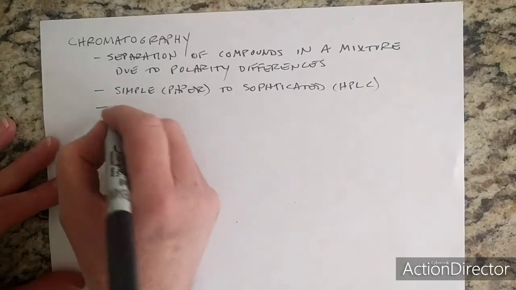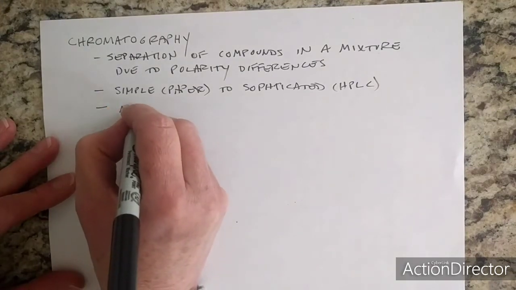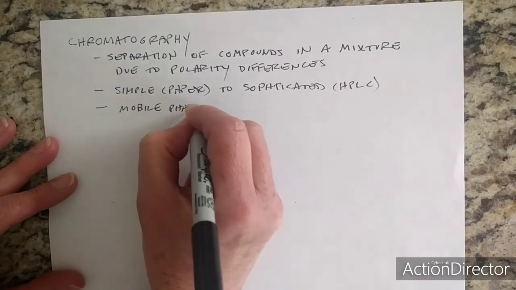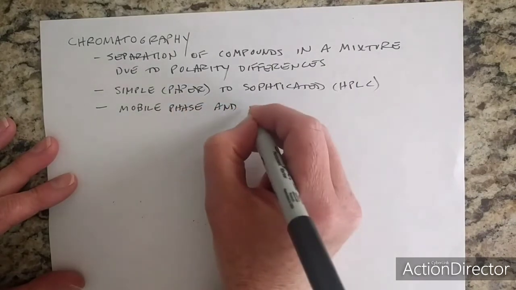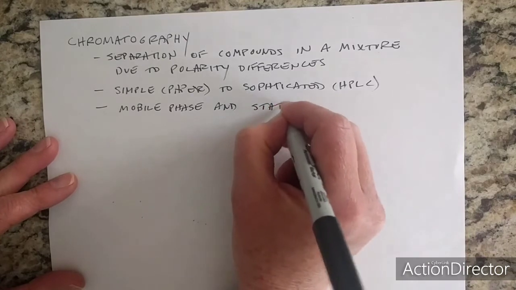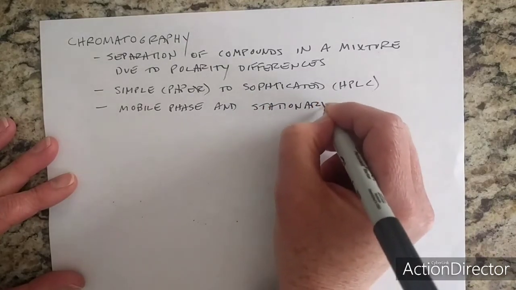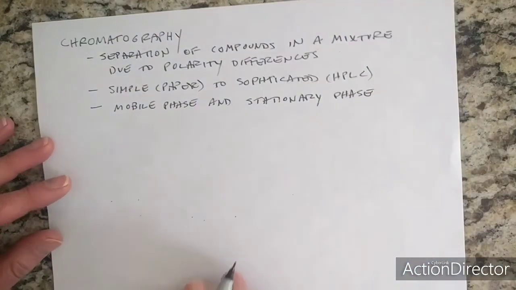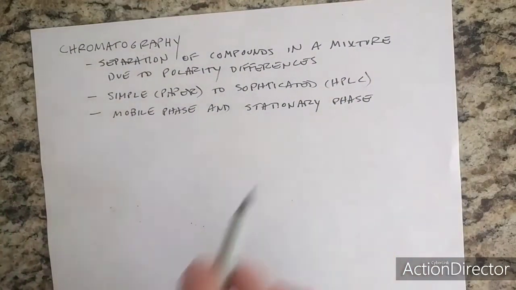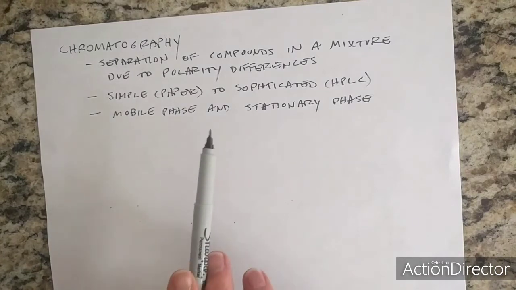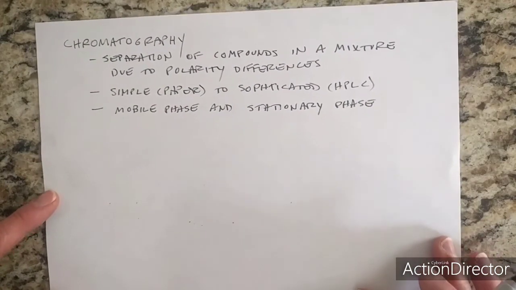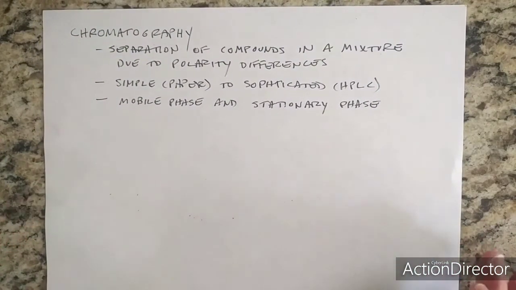But for every type of chromatography, we have a mobile phase and a stationary phase. And these phases will differ in their polarities, and our sample will be more attracted to one phase or the other. So we're just going to take a quick look at paper chromatography.